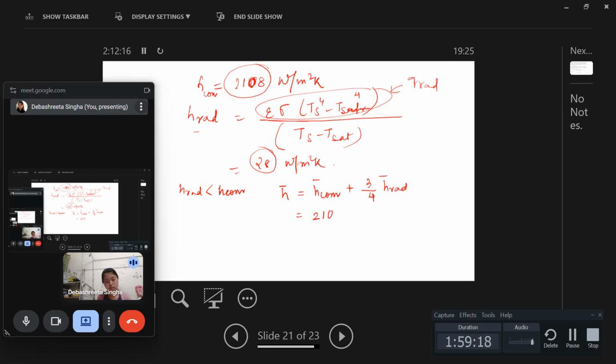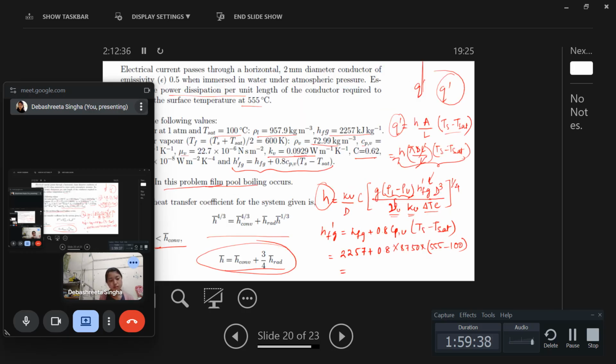So we calculate it: 2108 plus 3 by 4 into 28, almost 2129 for h.